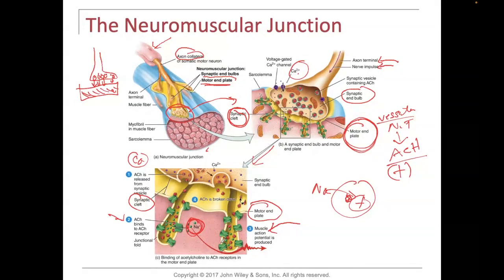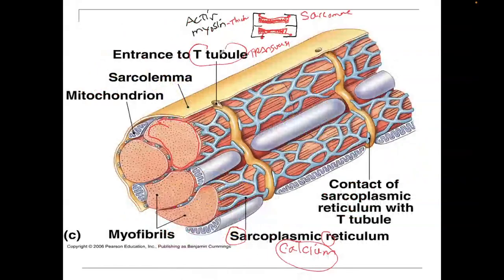This area right here, this invagination, that's the T tubule. That's this thing right here. So the action potential rushes down that T tubule.